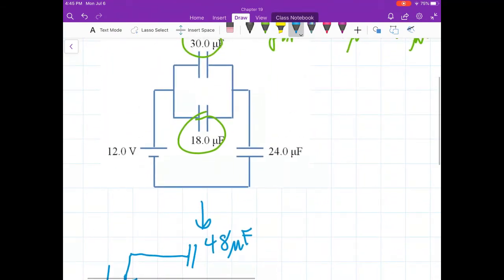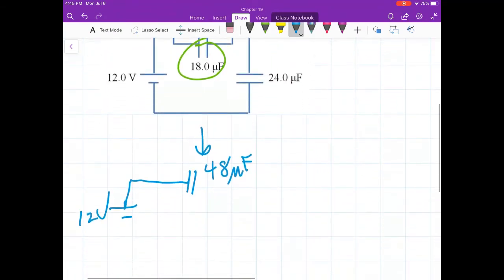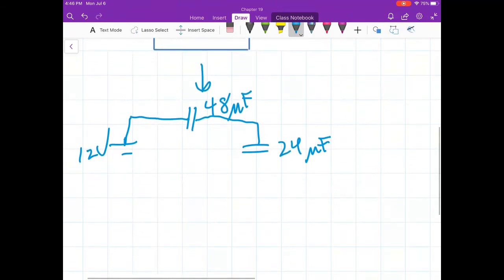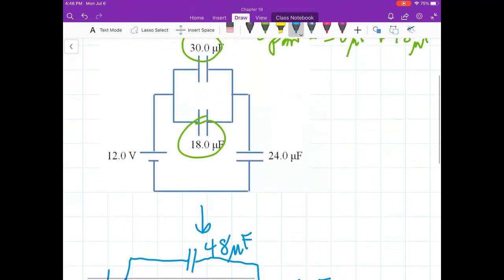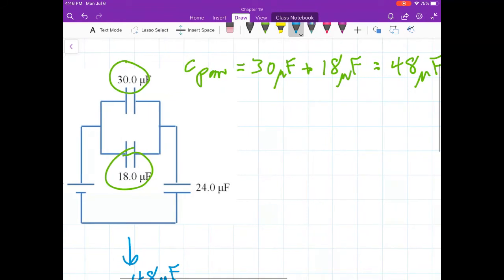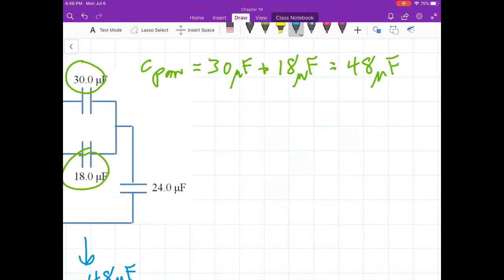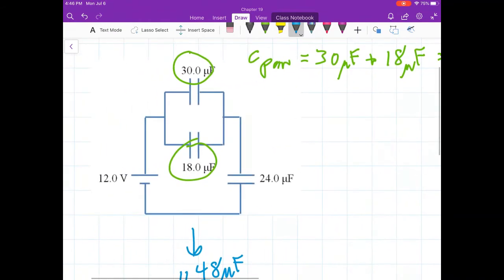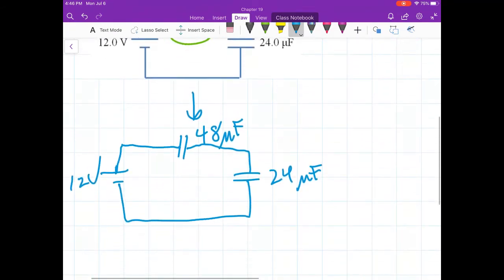I've replaced it. It's equivalent. I come around here. I've got my 24 microfarad. I go back. And notice what I said about parallel. You have a 30 and an 18. The combination is 48. The 48 is larger than the largest one. It's larger than the 30.